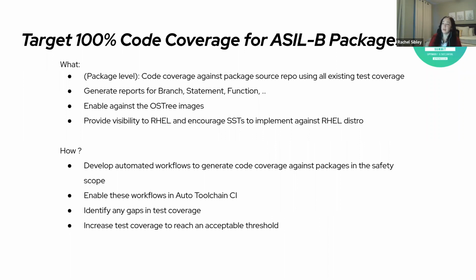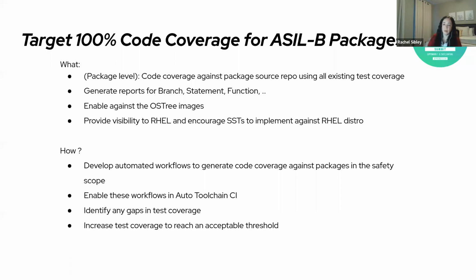But what we are attempting to do is run the code coverage against the package source repo for all of the existing coverage, including the new test coverage. We'll be designing and automating requirements-based tests. We'll generate reports that will cover specific metrics, including branch, statement, function, and additional ones that Pablo will talk about later.